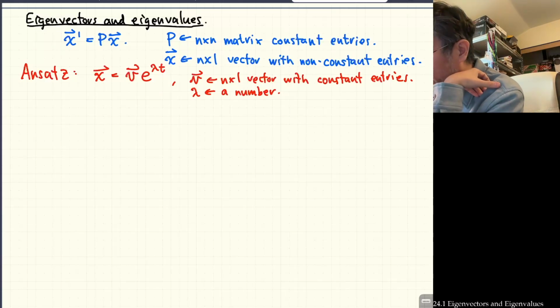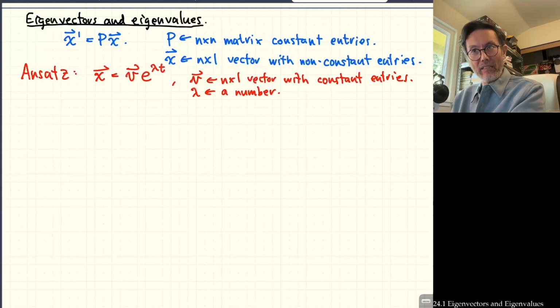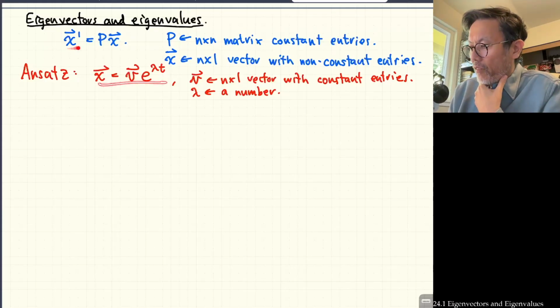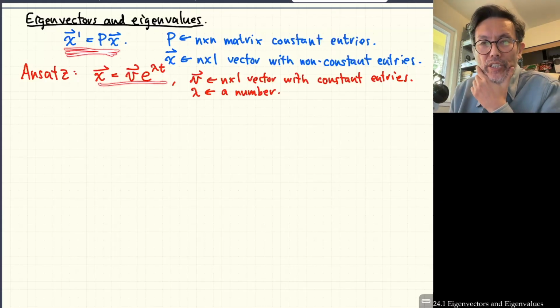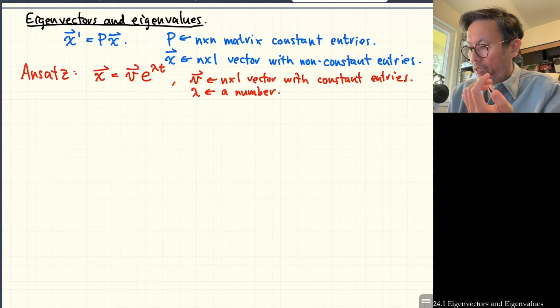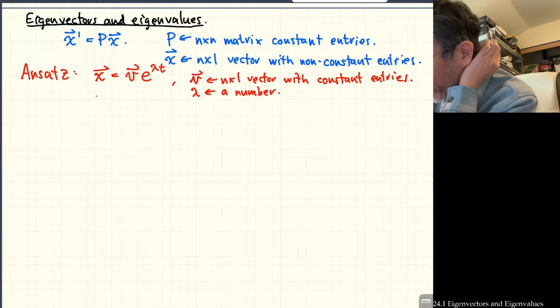Why? So let's think. This is our guess for a solution to this equation here. Now what we're going to ask ourselves is what needs to be true in order for this guess to really be a solution? Well, we can compute x prime, no problem.